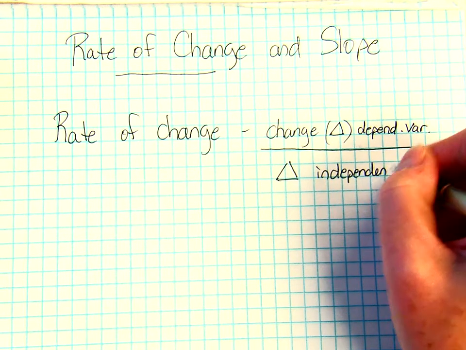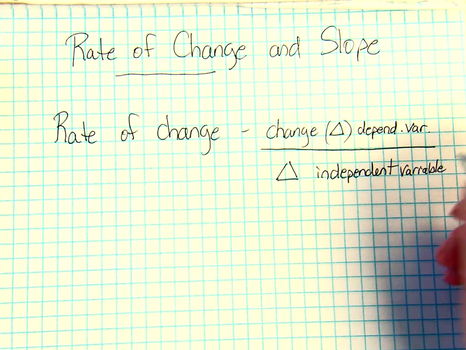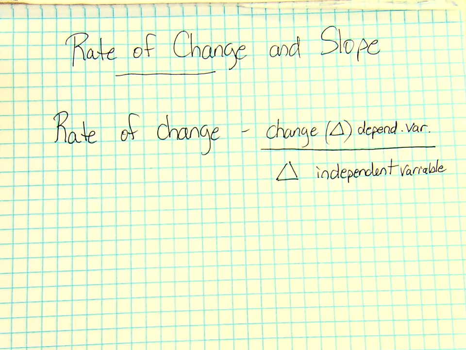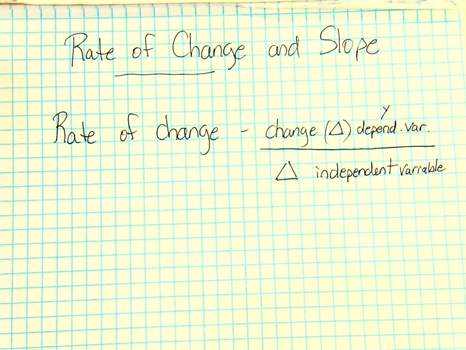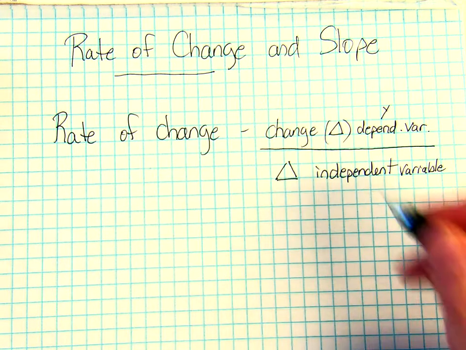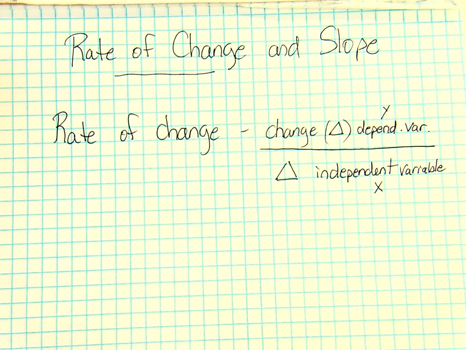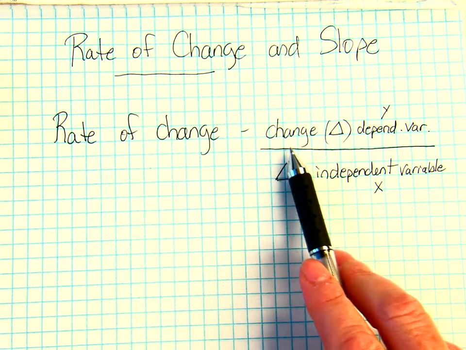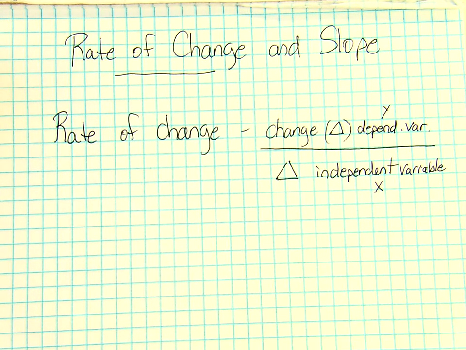Now we should know at this point that our dependent variable is typically our y value. That's going to be on our vertical axis, and our independent variable, that's our x value, that's on the horizontal axis. So the change in the dependent variable over the change in the independent variable.